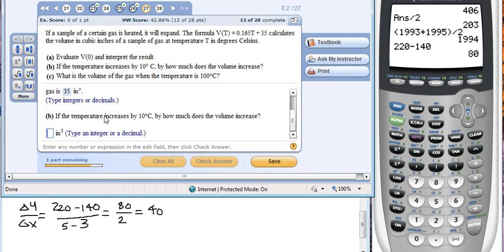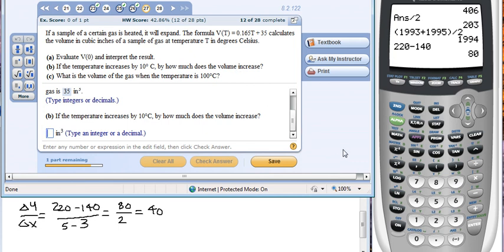If the temperature is increased by 10 degrees, how much does the volume increase? Be careful with this question. I mean, take a look at what it's asking you for. It doesn't want the temperature, or excuse me, it doesn't want the volume, it wants the volume increase. Okay? So let's put in 10 here and crunch it out to see what the volume would be.